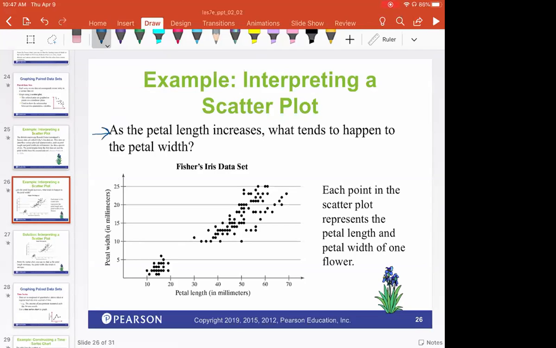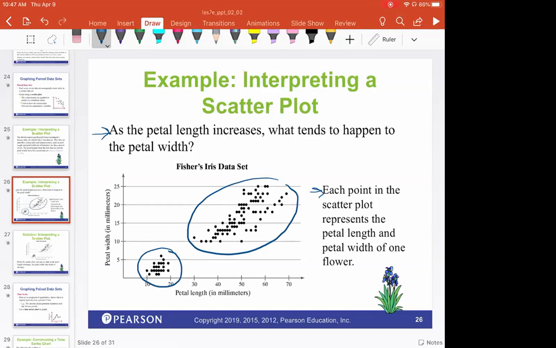As the petal length increases, what tends to happen with the petal width? Each point on the scatter plot represents a petal length and a petal width for one flower. So we see all of these numbers here, and we see all of these numbers here.